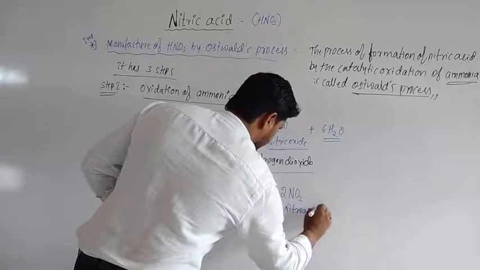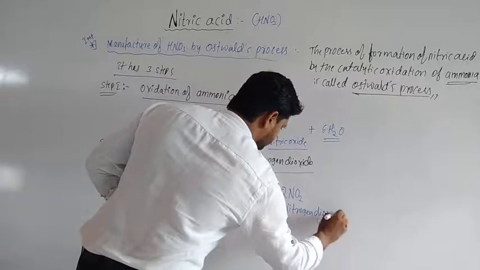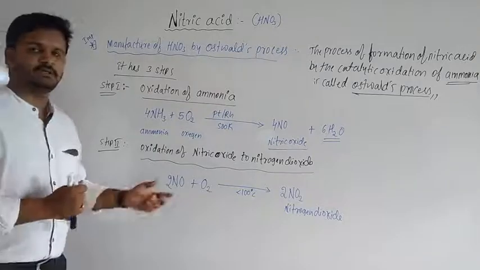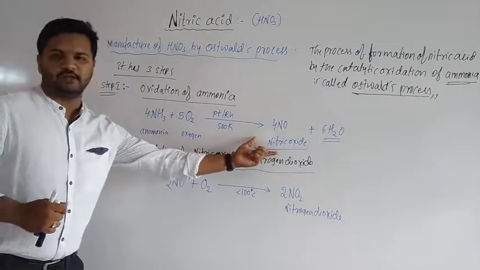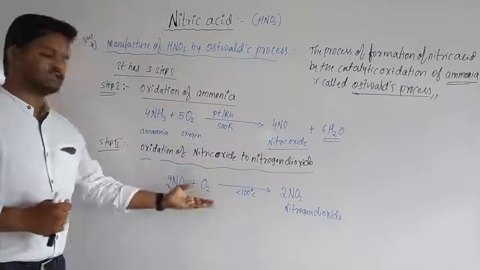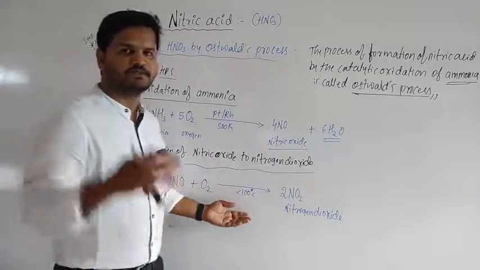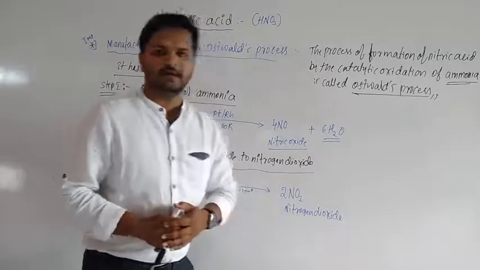Nitrogen dioxide. This is the second step. Nitric oxide formed in the first step is oxidized with the help of oxygen below 100 degrees Celsius, means low temperature.